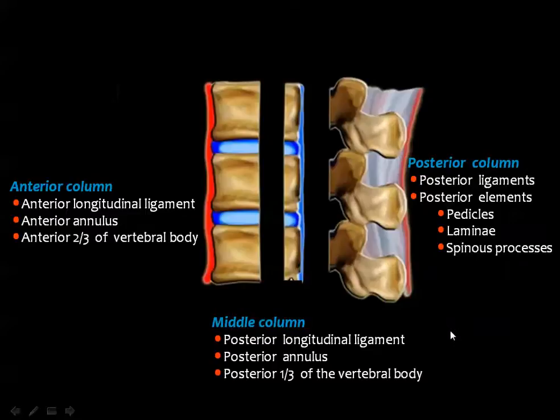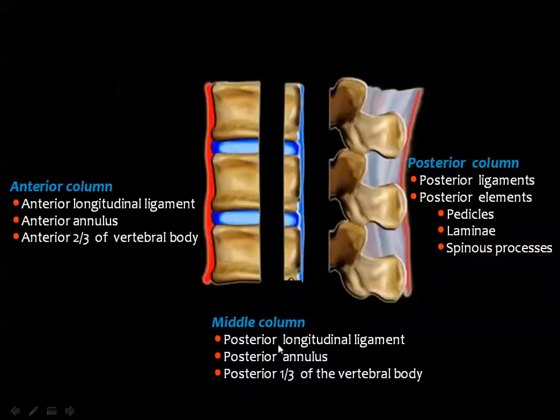And you all know that we have the three columns of the vertebral column or vertebral alignment, and they are divided into three parts. The anterior column, which comprises the anterior longitudinal ligament, the anterior aspect of the annulus fibrosus of each disc, and the anterior two-thirds of the vertebral body.